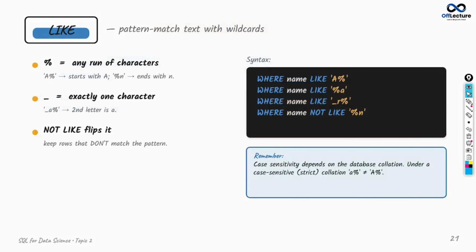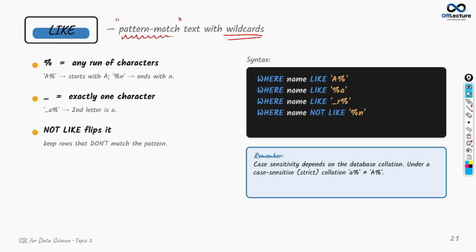Now let's move to the next clause, which is LIKE. LIKE is used for pattern matching. Remember this keyword, with the help of wildcards. LIKE lets you pattern match your text using wildcards.